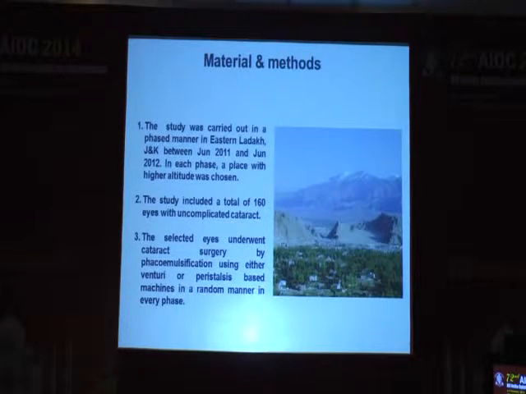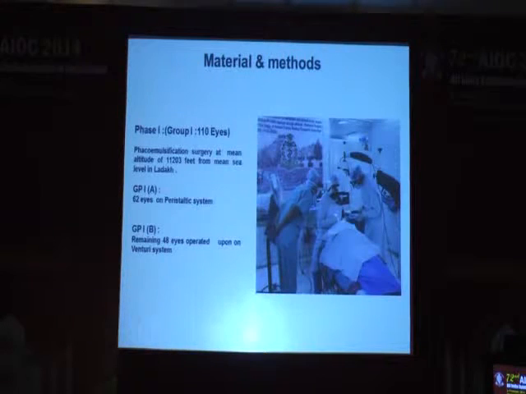It was carried out in eastern Ladakh in a phased manner in June 11, October, and then in June 12. In each phase, a place with higher altitude was chosen. We have performed surgery in 160 eyes with uncomplicated cataract, and this was performed with either venturi or peristaltic machines in a random manner in every phase.